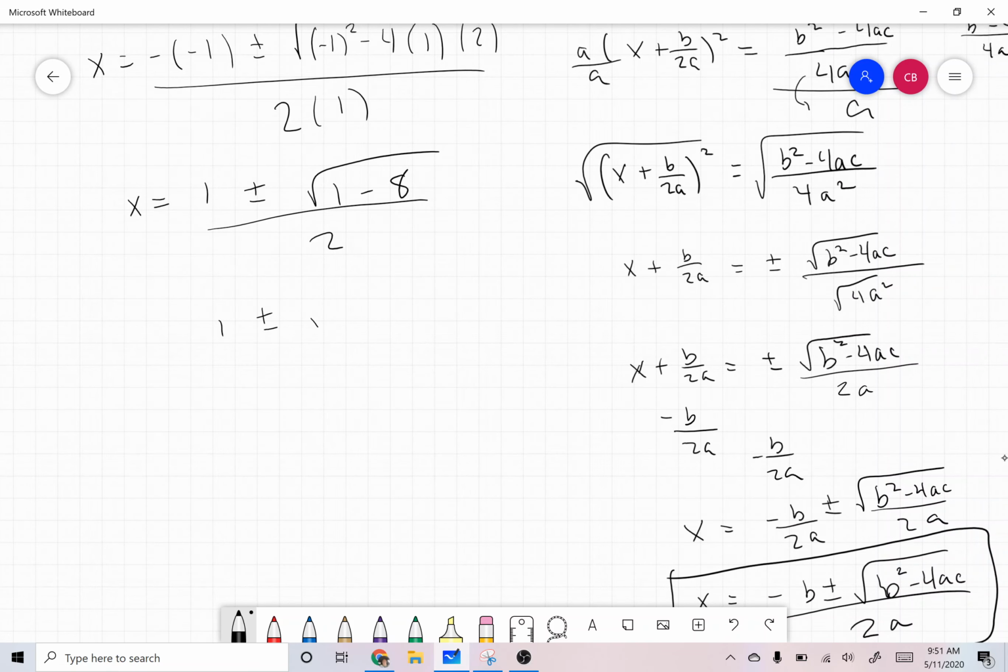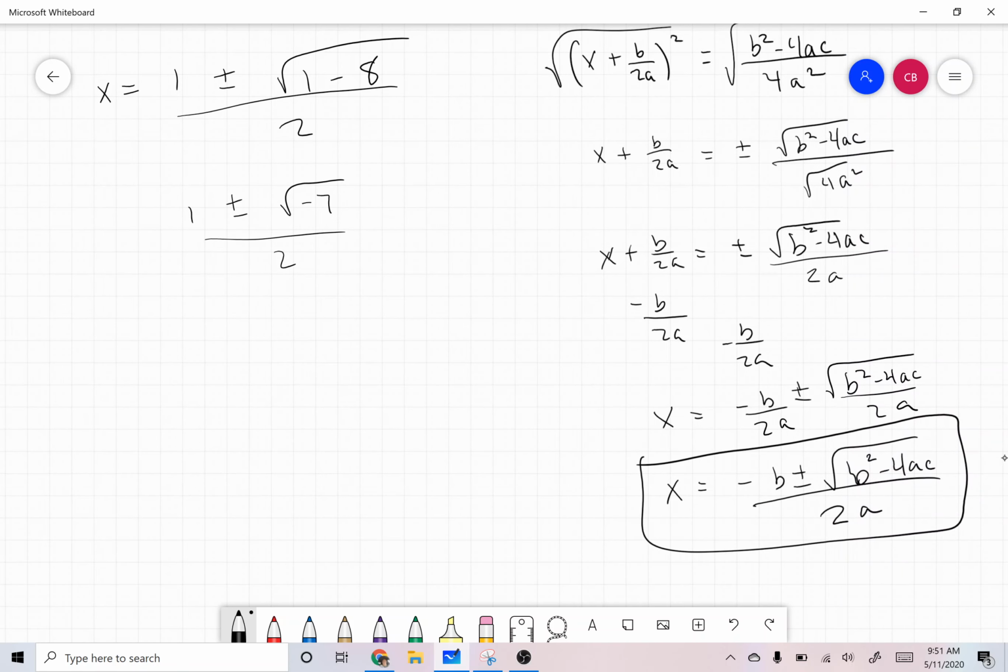That's 1 plus or minus the square root of negative 7 over 2, which I think is 1/2 plus or minus i square root 7 over 2. So this does not have any real roots. These are imaginary. These are your answers for this.